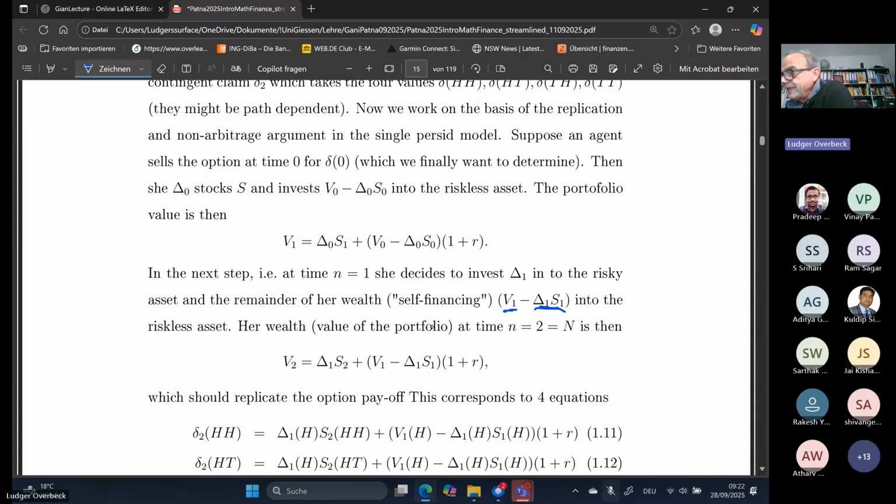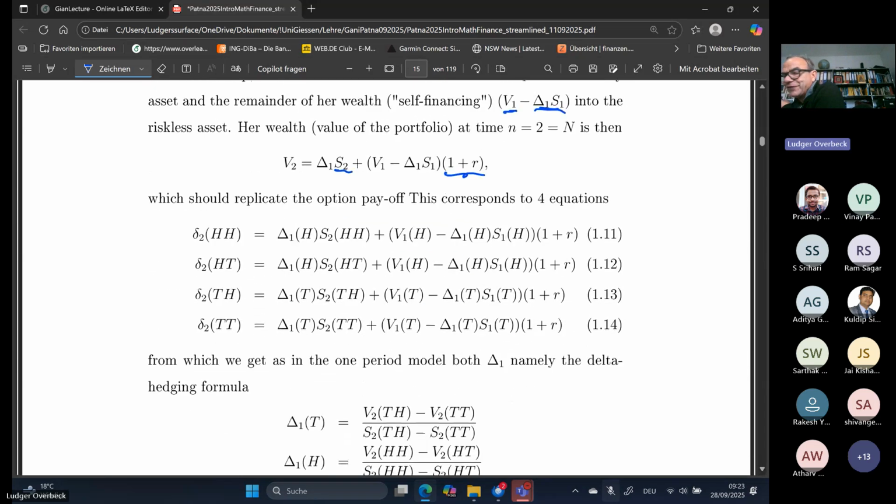Then the wealth at the next time step is V2 equals delta 1 times the new value of the risky asset, sigma 2, plus V1 minus the investment, increased by the riskless interest rate. If it's a 10% interest rate, she has a 10% gain on the money.